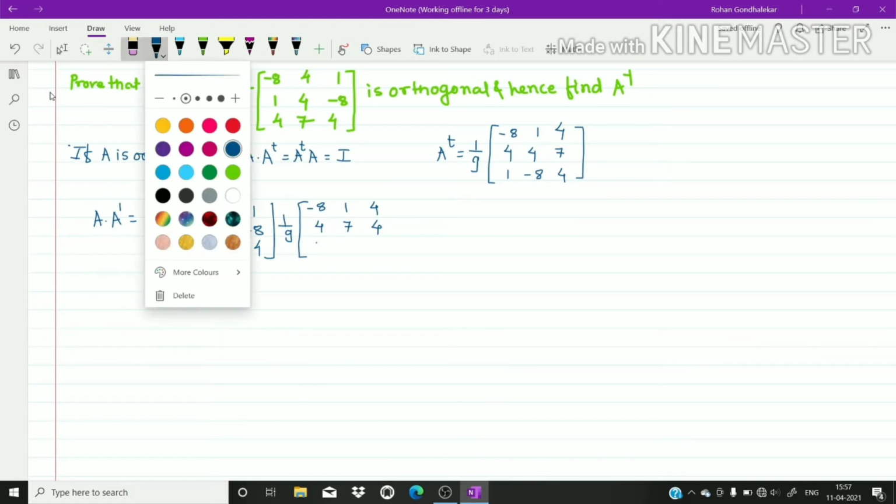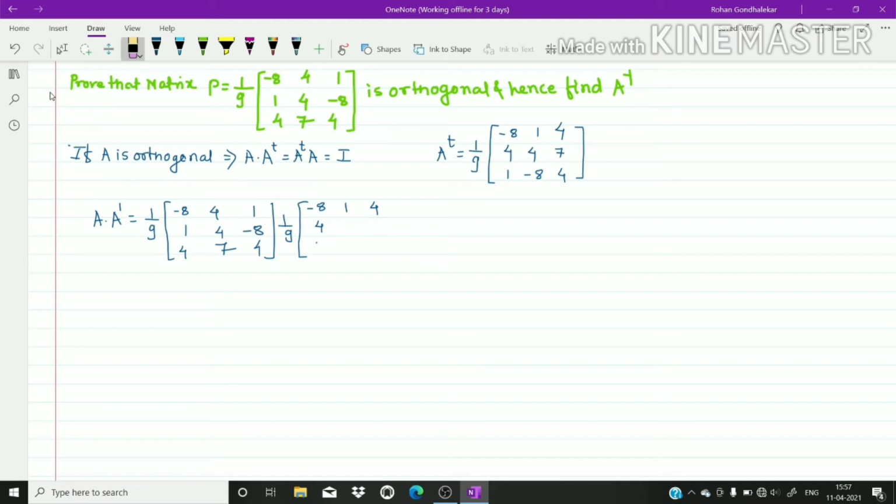Sorry, I just missed those values. It's 4, 4, 7, and then 1, minus 8, 4. Now let's take the multiplication of them. See, both matrices have the coefficient outside, that is 1 by 9 into 1 by 9, which becomes 1 upon 81 into bracket.